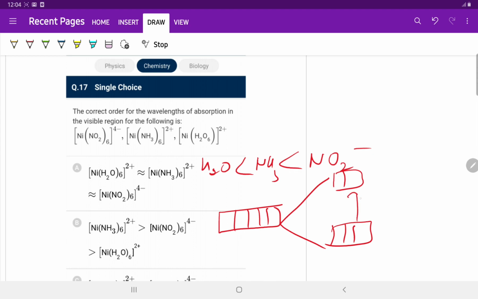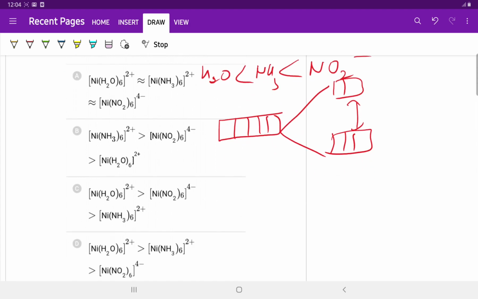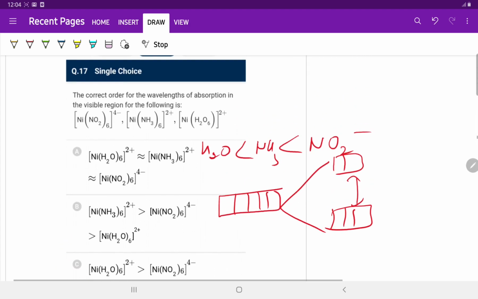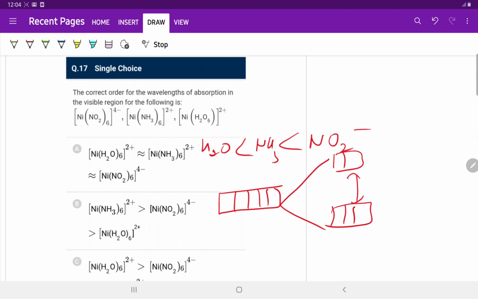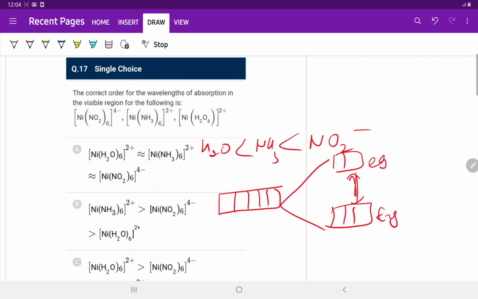For NO2- there is a maximum energy gap, so wavelength is minimum. Wavelength is maximum for water, then ammonia, then NO2-. So option D is correct. Energy is inversely proportional to wavelength. This is the t2g orbital and this is the eg orbital, and the gap is maximum with the strong field ligand, which is NO2-. So energy is maximum, so wavelength is minimum.